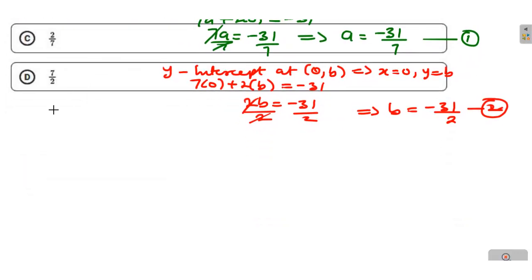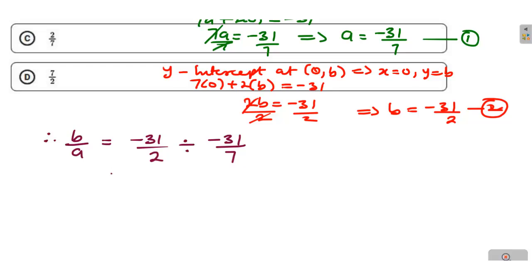So therefore b over a is the same thing as b, that is -31 over 2, divided by a, that is -31 over 7.